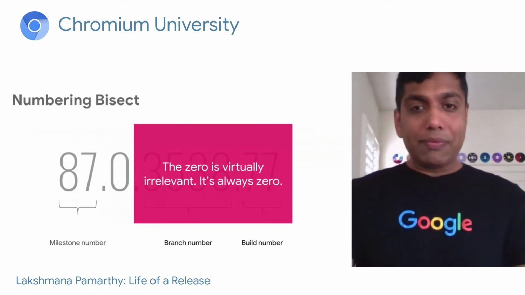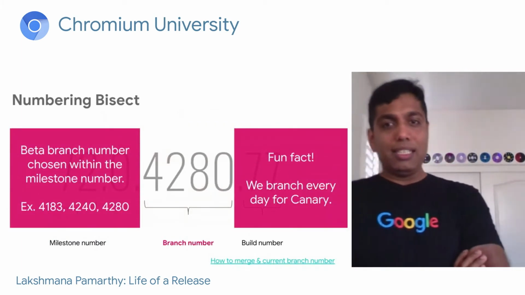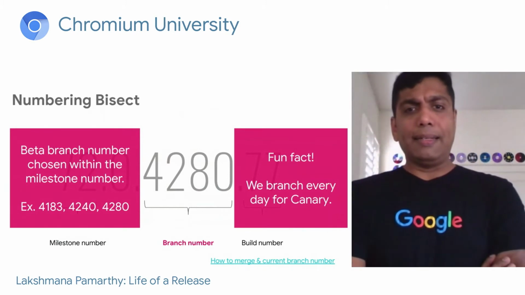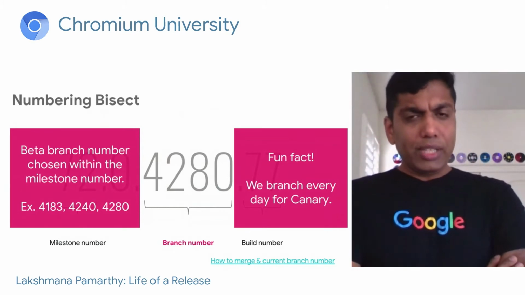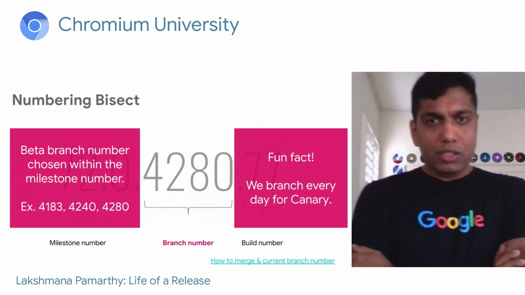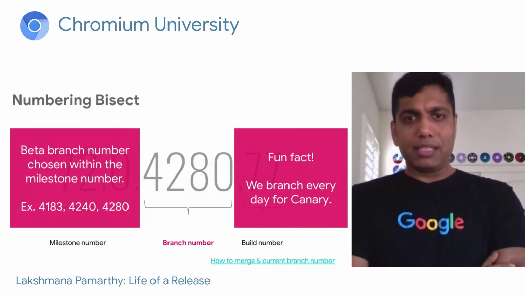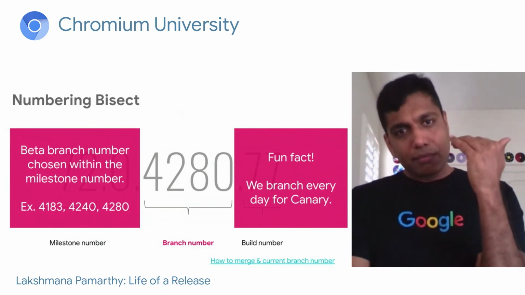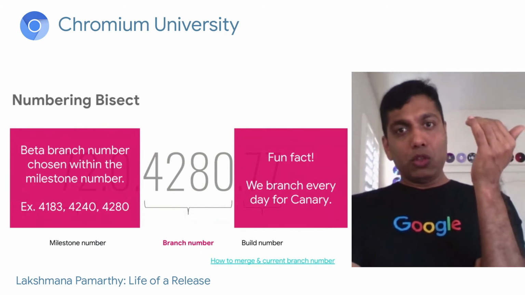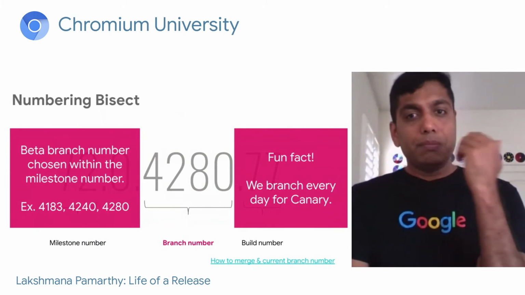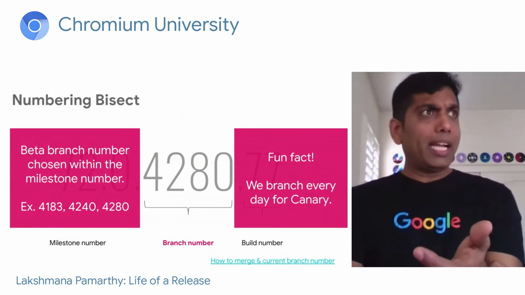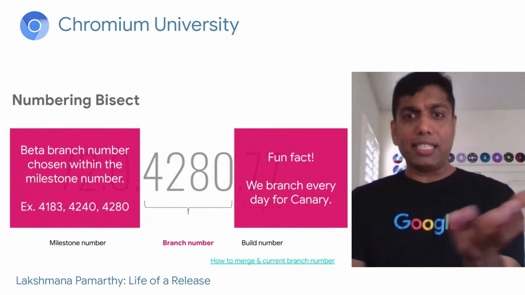But the number that comes after that is the very important number, because this is where the branch event I was talking about earlier decides this particular number. So let me spend a couple of minutes here. Every night, Chrome branches, master of the Chrome code base branches. If you can see here, 4280 is the branch number we are using for the 87 release.